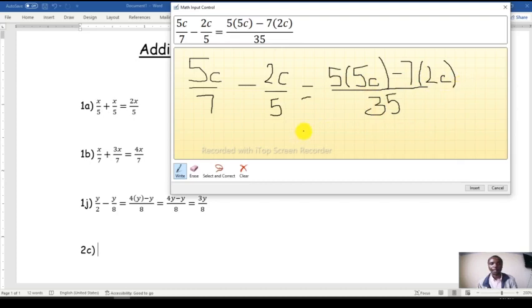Then the next stage is we want to solve this one. So 5 times 5 is 25c.